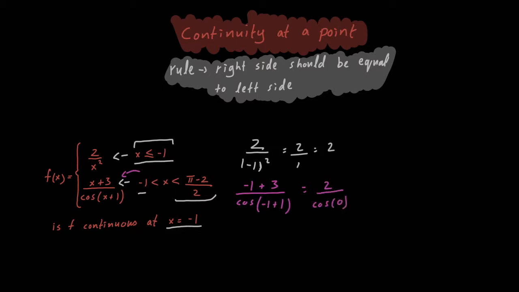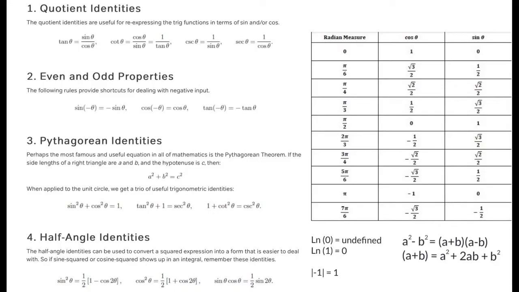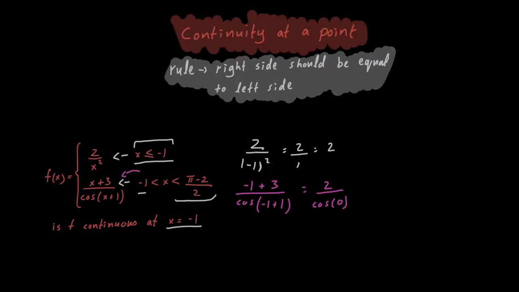Now let's jump towards our formula sheet to find cos of 0. Over here we can simply see that cos of 0 is 1. So we will get 2 divided by 1, which is simply 2. So we can see that the left side is equal to the right side. So is it continuous at x equal to -1? The answer is yes.